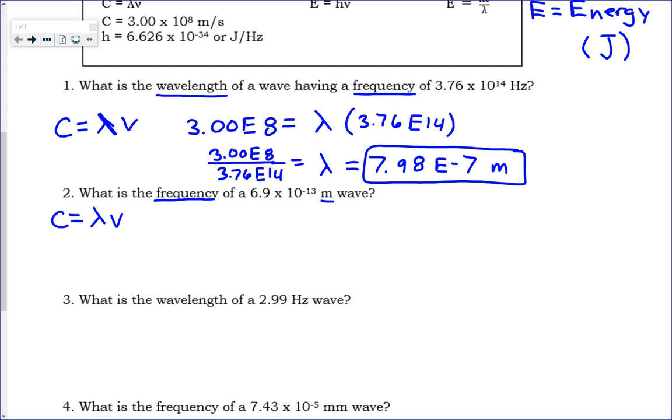We're going to plug in our numbers, 3.00 E8 equals lambda, that's our wavelength, is 6.9 E negative 13. And then nu is our unknown in this one.